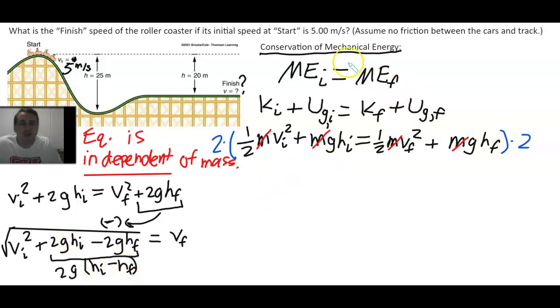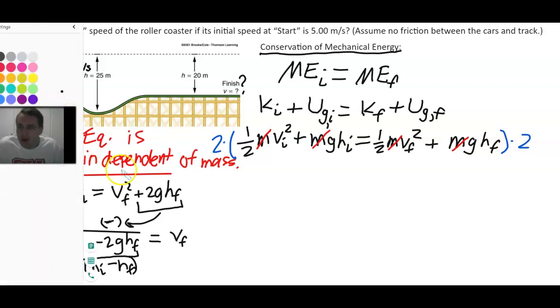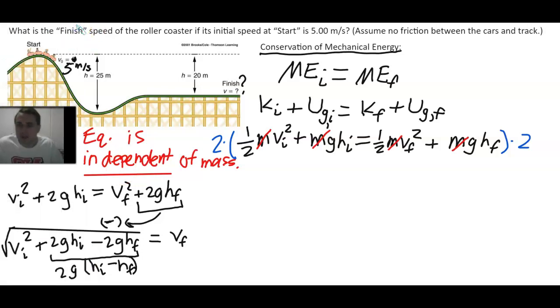Now, by the way, we should define what h initial and h final are. Suppose we call this 0 for height. So this right here is h equals 0 meters.